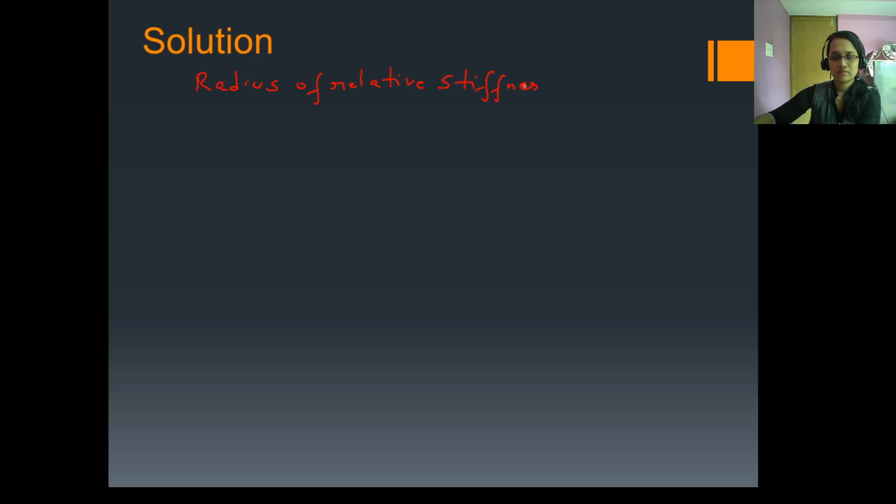So l equals (E H cube upon 12 K (1 minus nu square)) raised to 1 by 4.